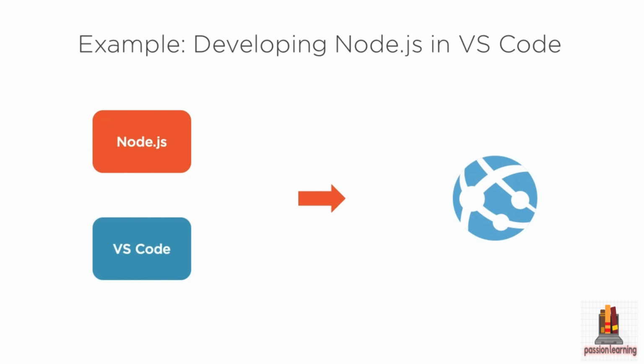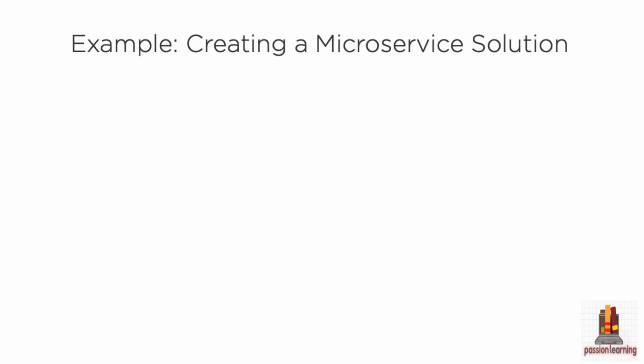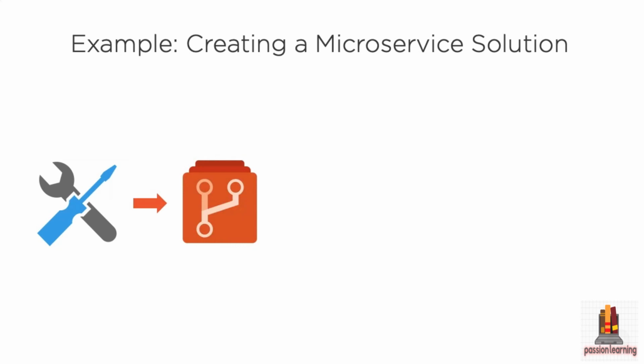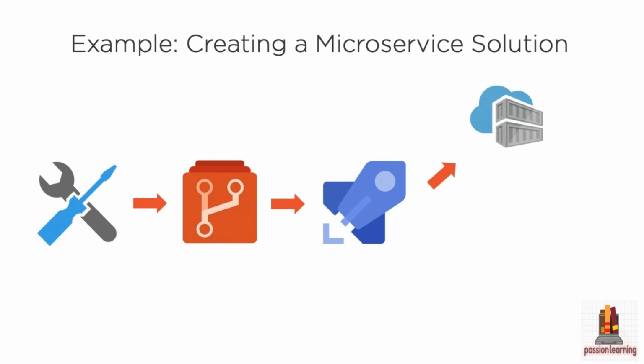Along the way, taking advantage of all these non-Microsoft tools and frameworks like Node.js and Git, and maybe a third-party build and release server. Another example, you may be creating a microservice solution. Using your developer tools like Visual Studio, you can go out and create your services, check those into a repository in Azure DevOps, and then use build and release pipelines to take that source code, build it for you, and create container instances that you store in the Azure Container Registry.